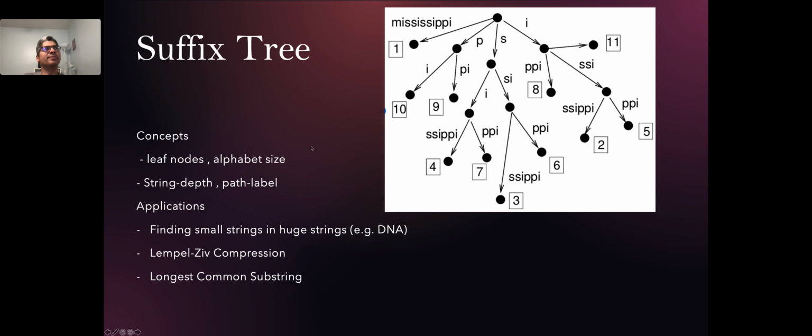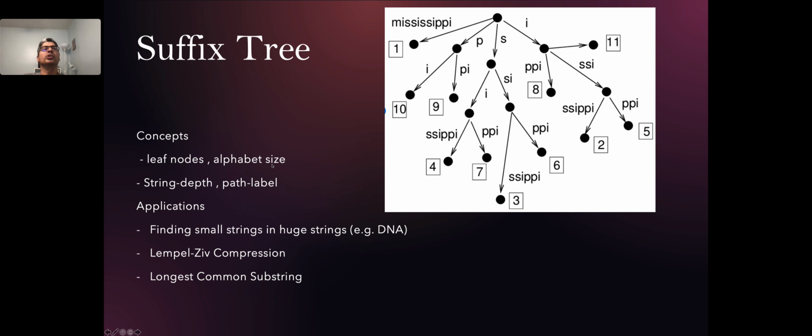And some concepts of the suffix tree are, if you take the leaf nodes, if a word has, in this case, 1, 2, 3, 4, 5, 6, 7, 8, 9, 10, 11, so n is 11, then there will be 11 leaf nodes, and each node might have as many direct children as the alphabet size, because to each path I can have any letter of the alphabet as the next letter as a child of any specific node.